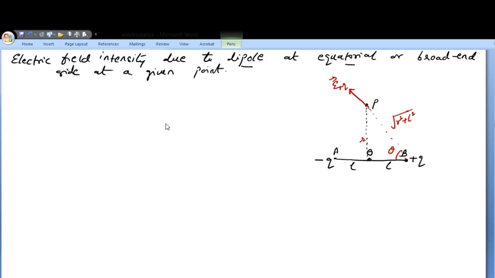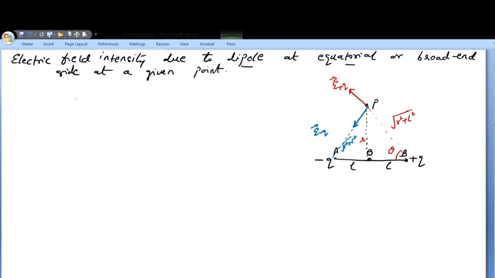Electric field due to minus Q is going to be this only. It is minus, right? So minus means it will be pointing in this direction. This will be E of minus Q. And again you will find that this distance here is root of R square plus L square.